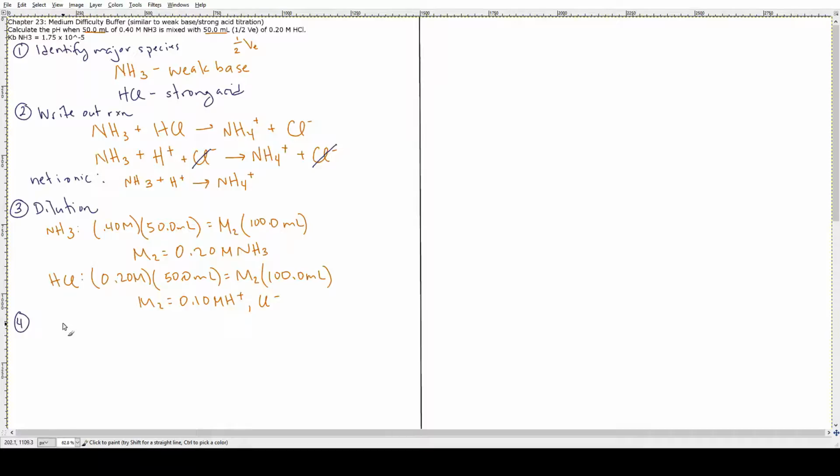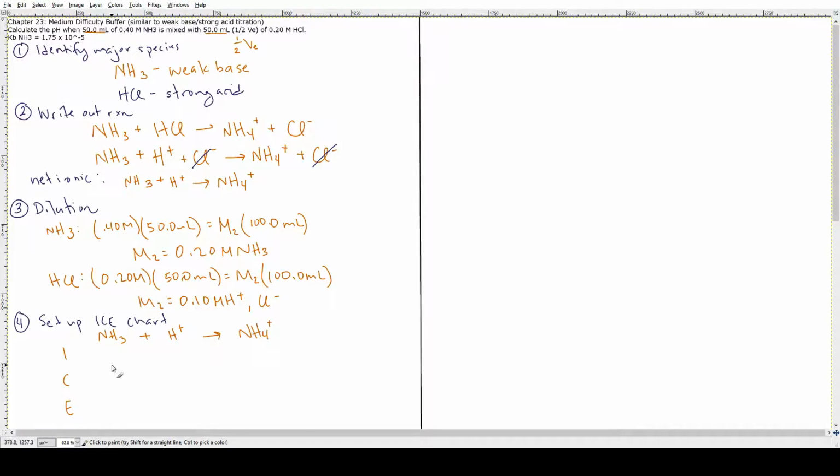Step 4. Now that I have these concentrations, I can set up an ICE chart. I'll use my net ionic here, so NH3 plus those hydrogens from the hydrochloric acid will react to form NH4 plus.